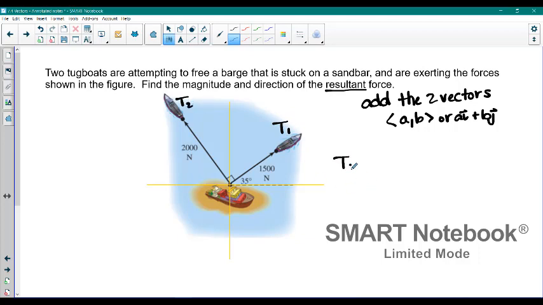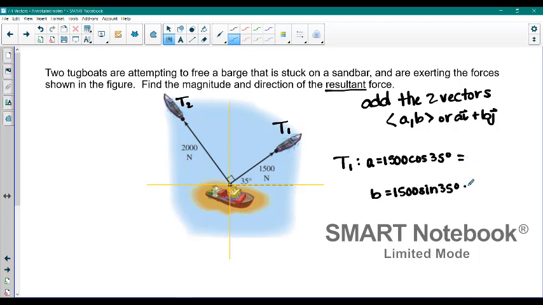For tugboat number 1, I see that the angle here is 35 degrees and the force, not the resultant, but the force is 1500. So the A part of this will be 1500 times the cosine of 35 degrees, and the B part will be 1500 times the sine of 35 degrees.